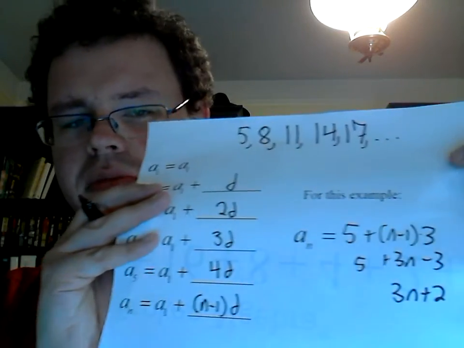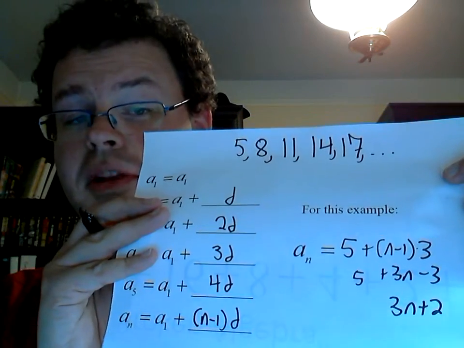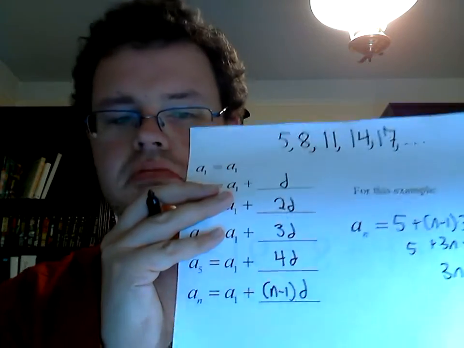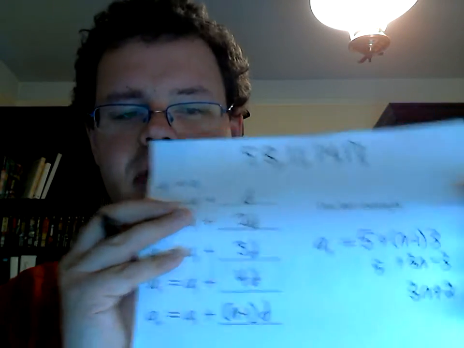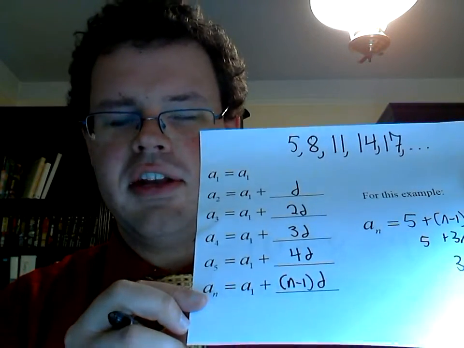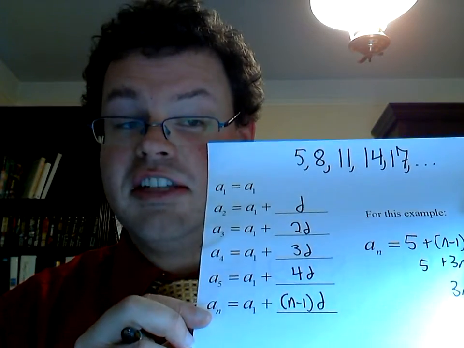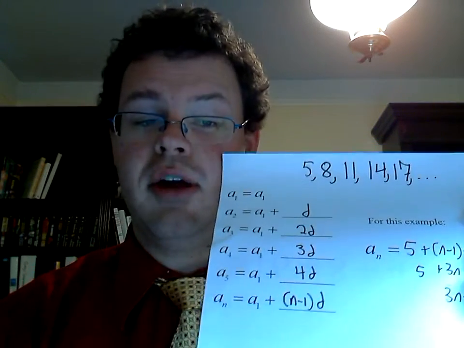What is that? 5 plus 3n minus 3. 3n plus 2. Oh, I think that's the formula we got last time, yeah? Okay, cool. So, in general, you can use this formula down here, and if you know the first term in the sequence and you know the constant difference, here's a surefire way to get the general formula.